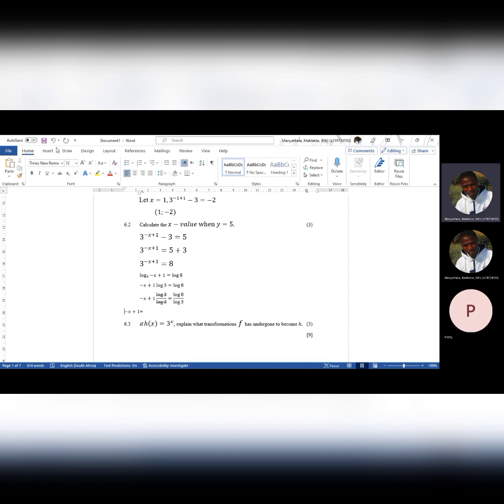So what is log 8 over log 3? It gives me 1.2. What? 1.3. It gives you 1.2. Okay, let me check something. Log 8 over log 3.